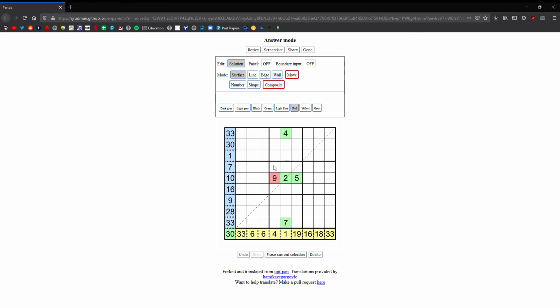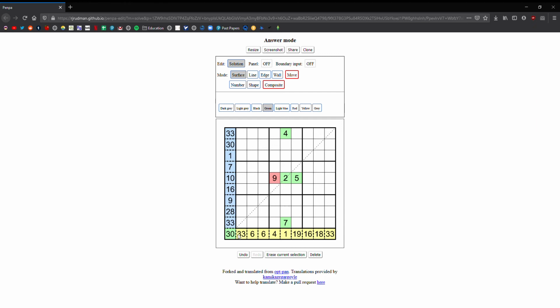So the first thing I do with a sandwich Sudoku is I'm always looking for what we can and can't, more importantly, place crusts. If we look at this 33, well, it's either going to be 32 or 34. We'll come back to that later, don't worry.